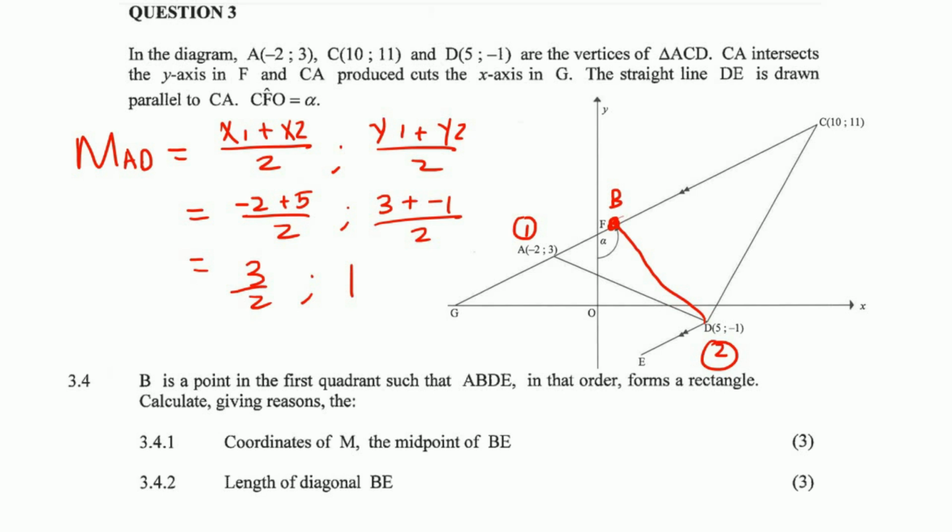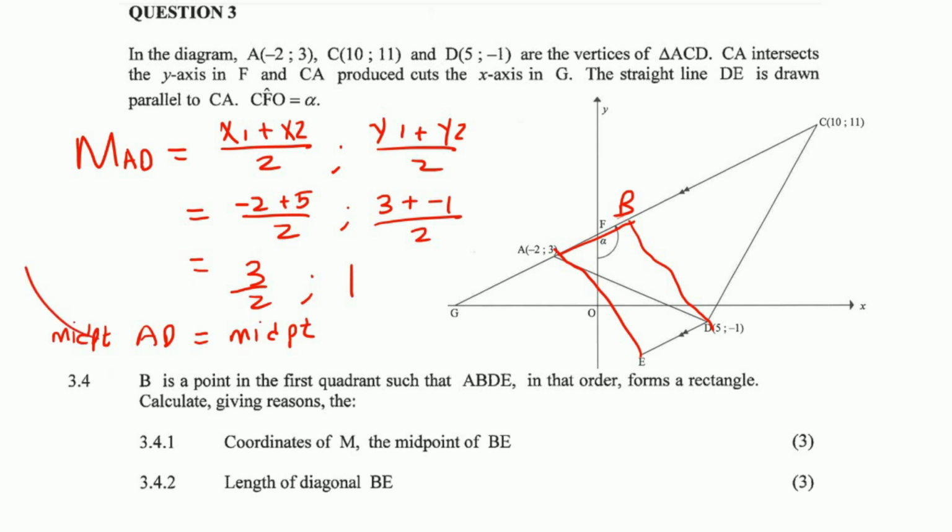All right, now guys, some of you might be like, yeah, but Kevin, they asked us to find the midpoint of BE. Aren't we being a bit rude? Yeah, technically we are being a bit rude. So we should acknowledge that we understand that the midpoints are the same. So the midpoint of AD is the same as the midpoint of BE.